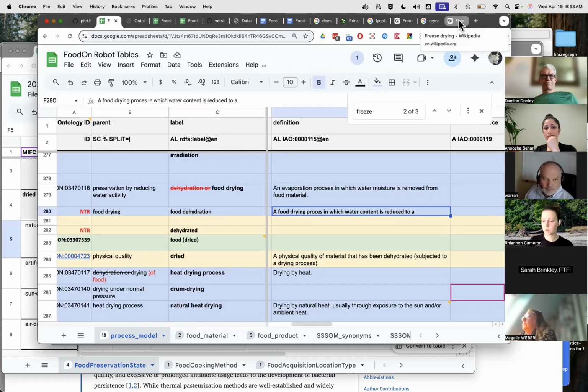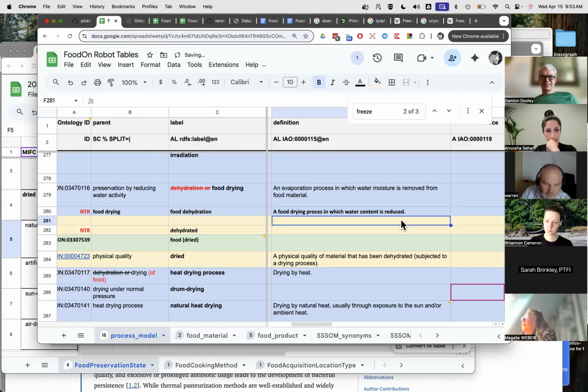Unless we go with food drying being any solvent, not just water, whereas dehydration is specific to water. If we mention that drying allows for things other than water, we can say that dehydration is water. Perhaps the difference between food drying and food dehydration would be in the kind of solvent, water.